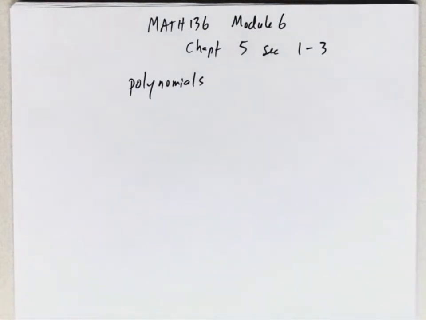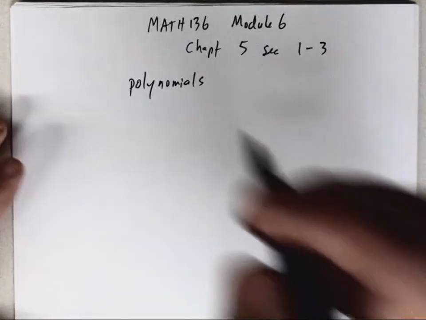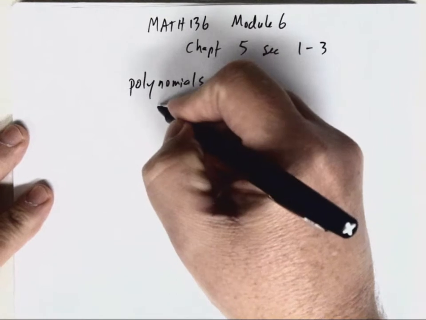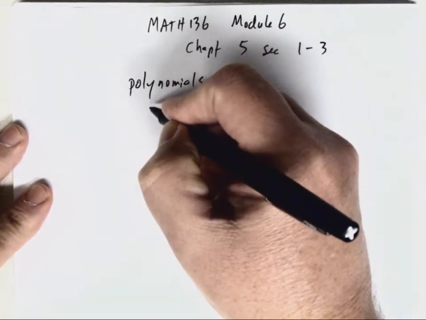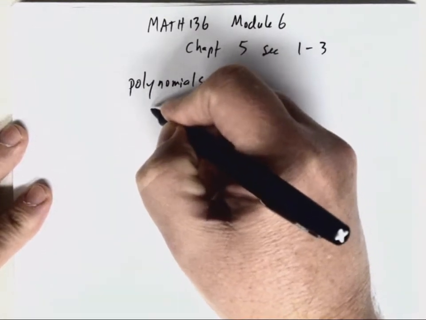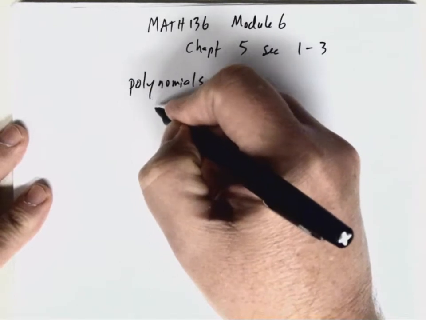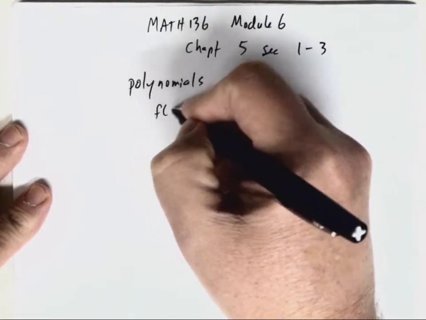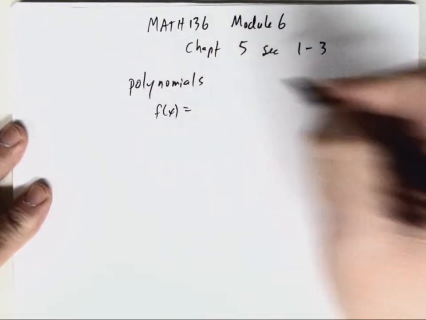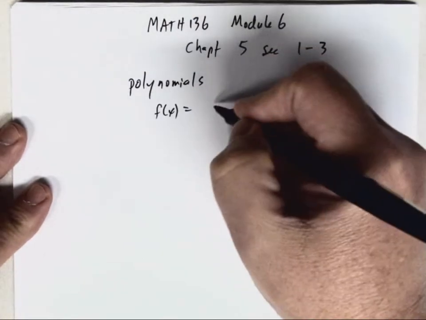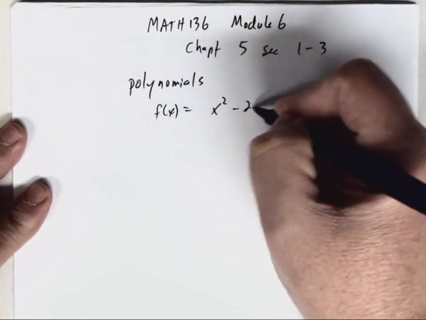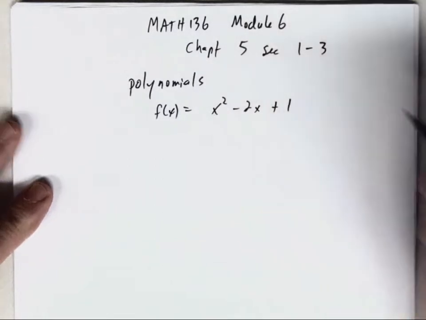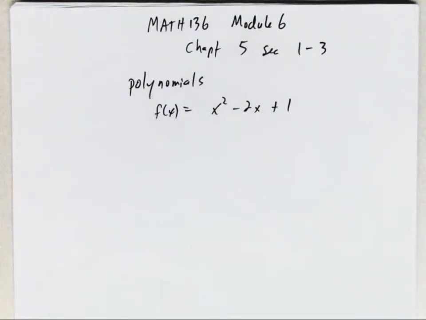So let's first define what makes an expression a polynomial. Sometimes it's easiest to just give examples and then describe why something is or is not a polynomial. So this is my function notation. This is probably the kind of equation you've seen before.